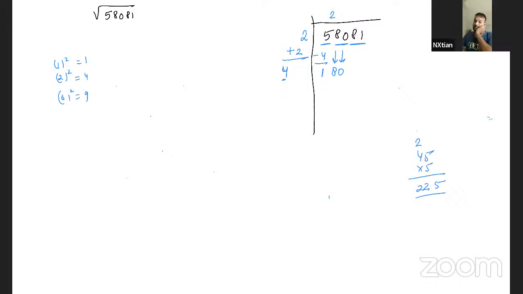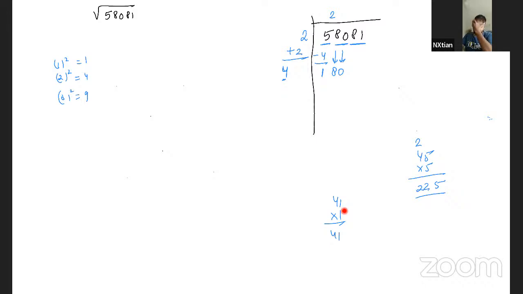If you take 1, 41 multiplied by 1, which is 41, which is much smaller than 180. There might be chances that you will get a number which is greater than this and smaller than this. Sir, where did we get 41? Because he chose 1, so 4, 1. 41 into 1.